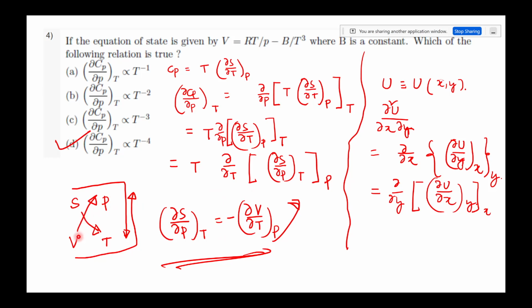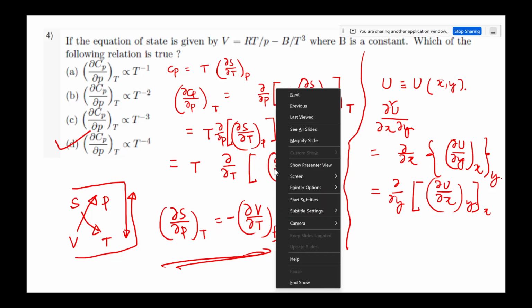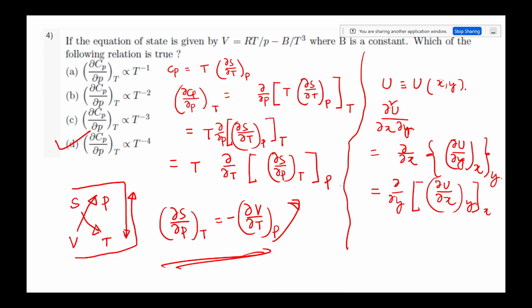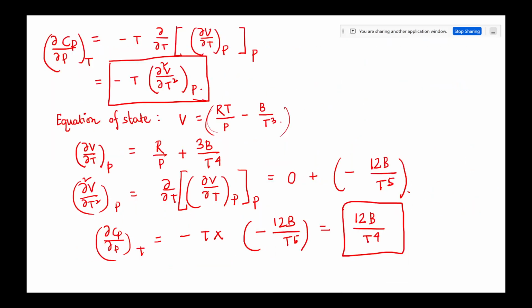Starting from the numerator to the constant value, if the arrows are in two different directions, one upward and one downward, there will be one minus sign. So you have to take care of all of these situations. That's why del S del P at constant T is minus del V del T at constant P.